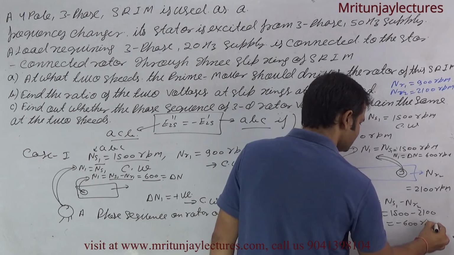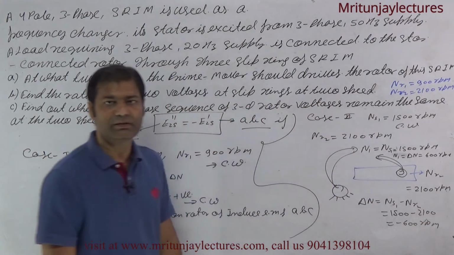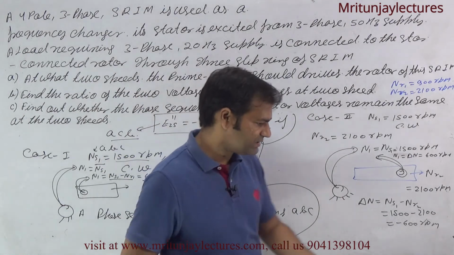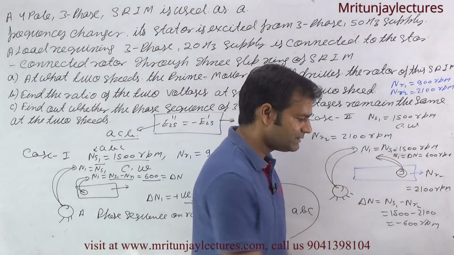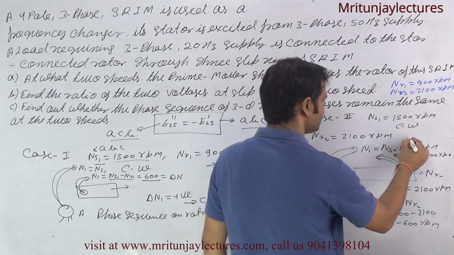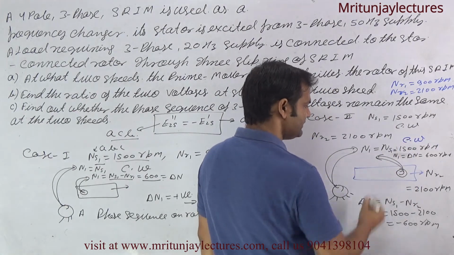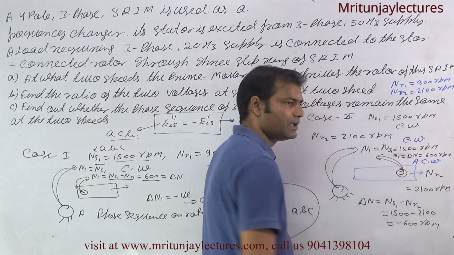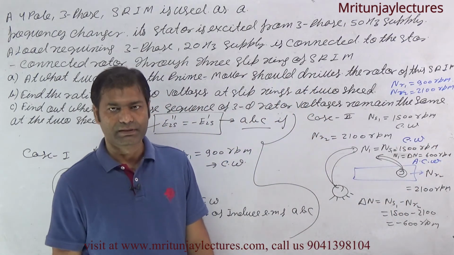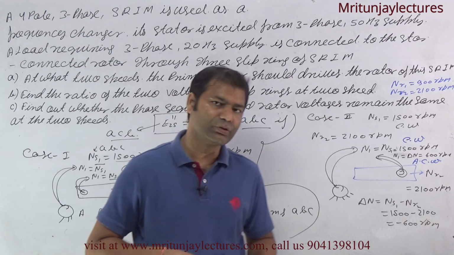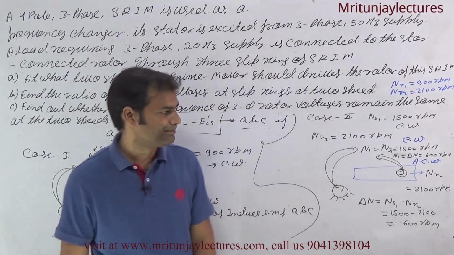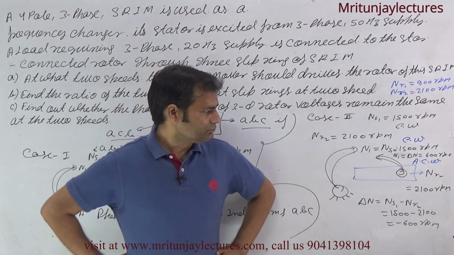Minus 600 means the relative speed is in the opposite direction. Before the rotor starts, the field is clockwise, and now it is anti-clockwise. The phase sequence on the rotor is decided by relative speed. Now clear?